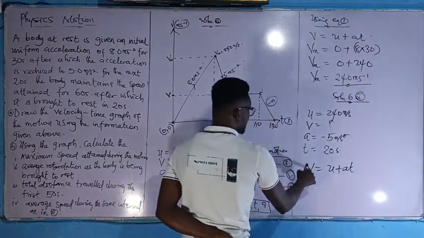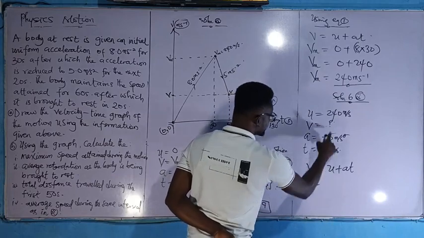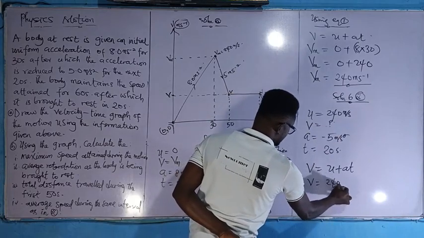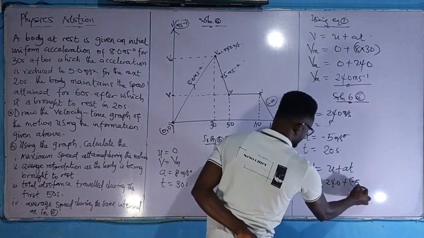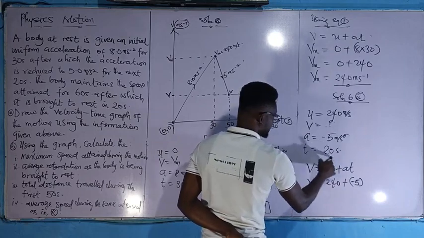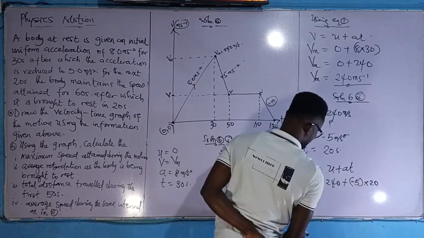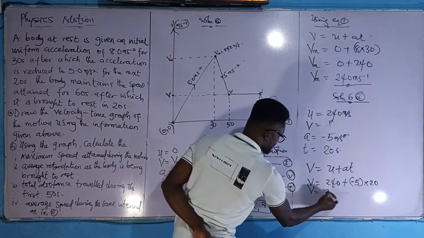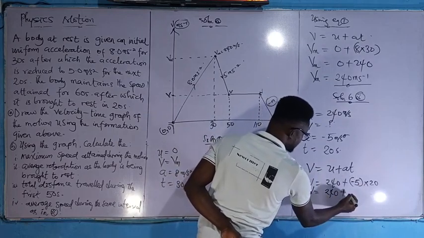In order to get V, we do the substitution. U is 240, plus A, which is minus 5, times T, which is 20. So the velocity now becomes 240 plus minus 5 times 20.